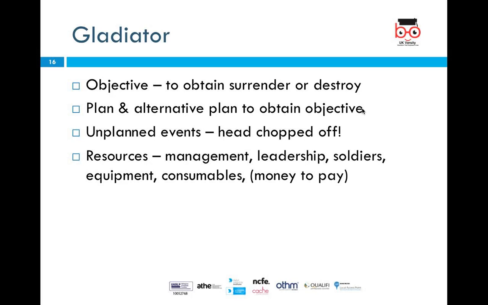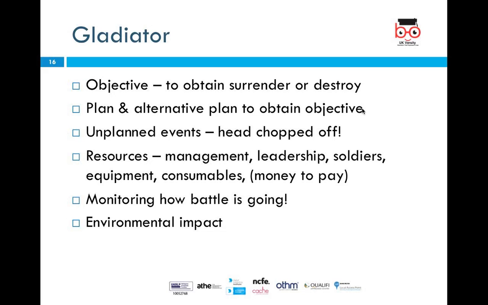And we need to reconsider again, and be very careful about the resources of management: leadership, soldiers, equipment, consumables, money to pay, and everything. And definitely we need to monitor how the battle is going, because unless we achieve that destination, there is a battle, and an unavoidable natural situation may occur in the middle of the journey.